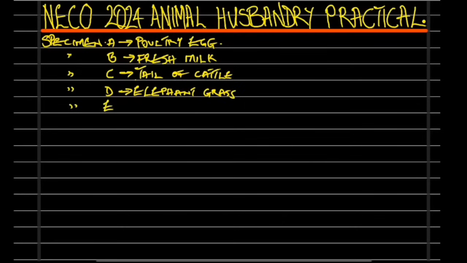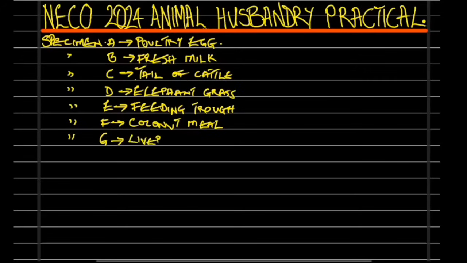Our specimen E is feeding trough. And we have our specimen F. Our specimen F happens to be coconut meal. We have our specimen G to be liver fluke.